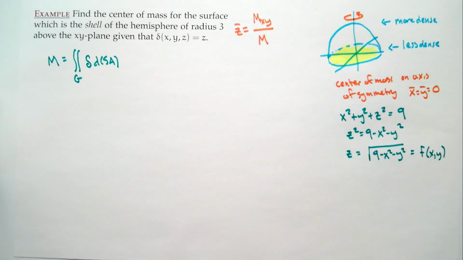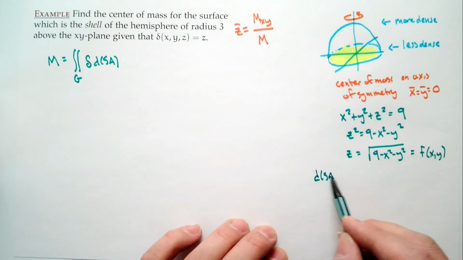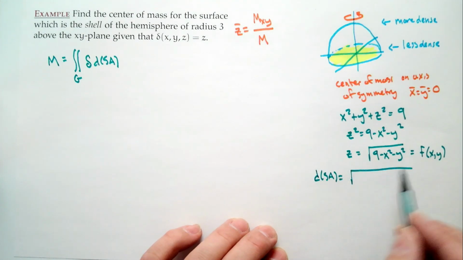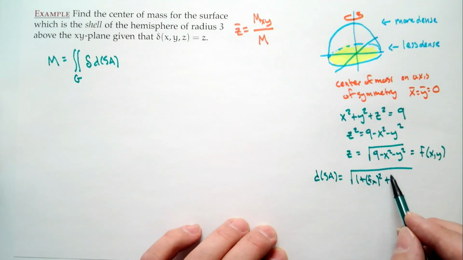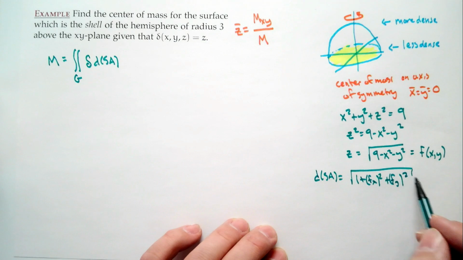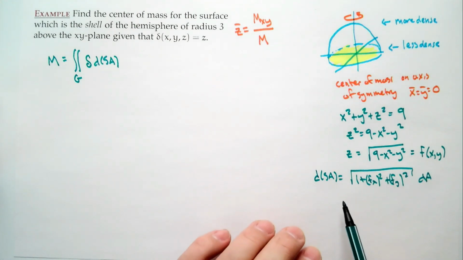So the next thing, let's compute our dSA. Well, that's the square root of 1 plus f sub x squared plus f sub y squared dA. That's the formula for how you find your bit of surface area. So we start working on that.